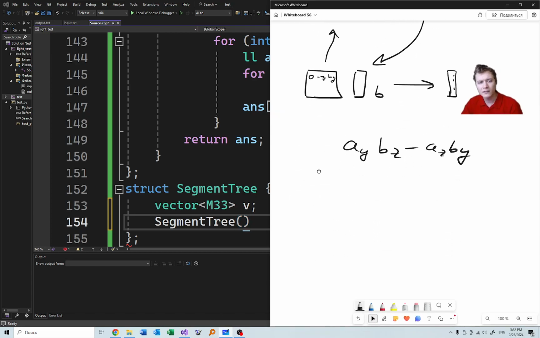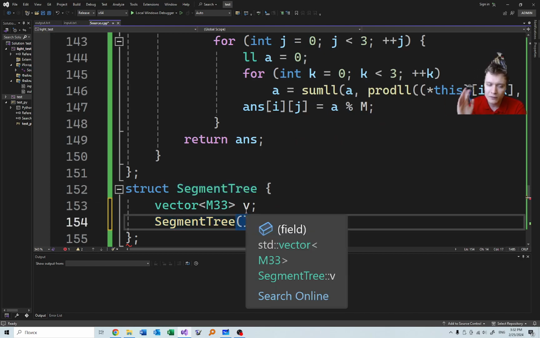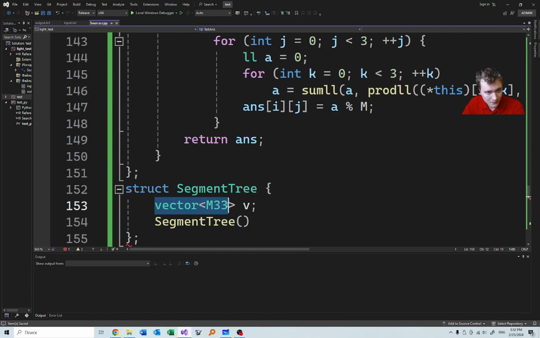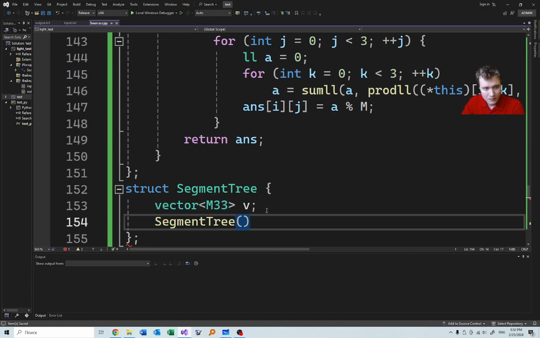Okay, we will definitely need a segment tree. It's not a good thing that I'm hesitating here, but still.